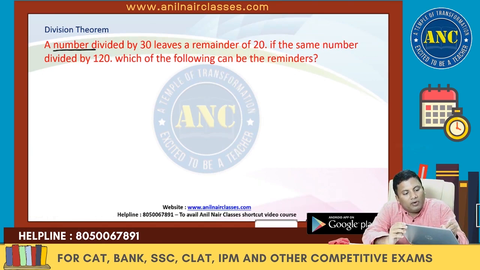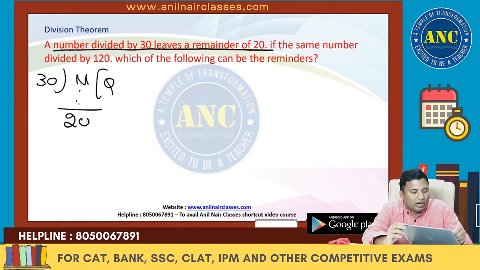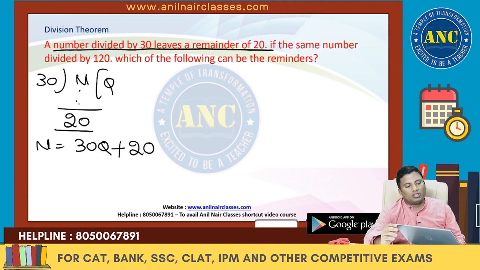A number when divided by 30 leaves a remainder of 20. A number when divided by 30, quotient is Q, remainder is 20. Dividend is equivalent to divisor into quotient plus remainder: 30 into Q plus 20.